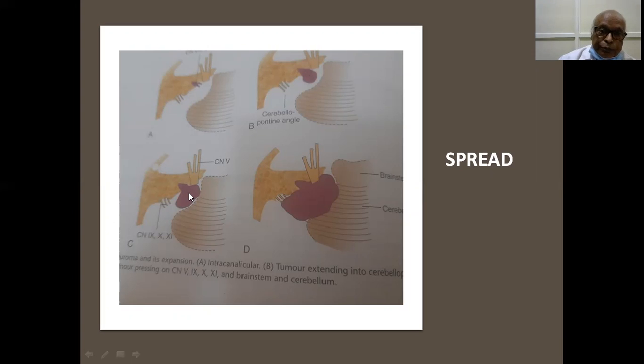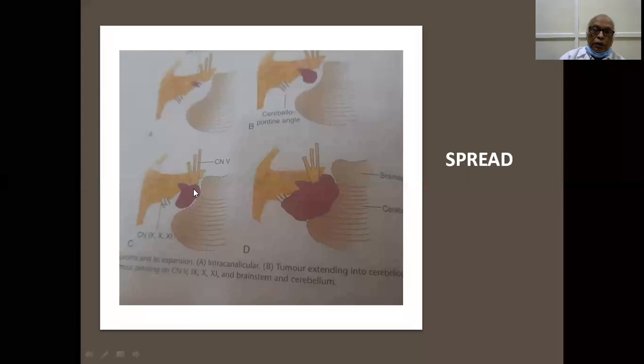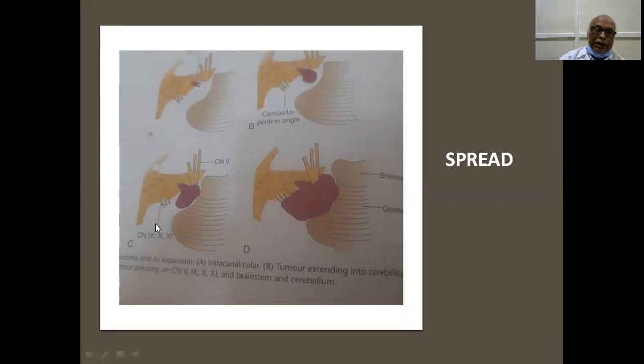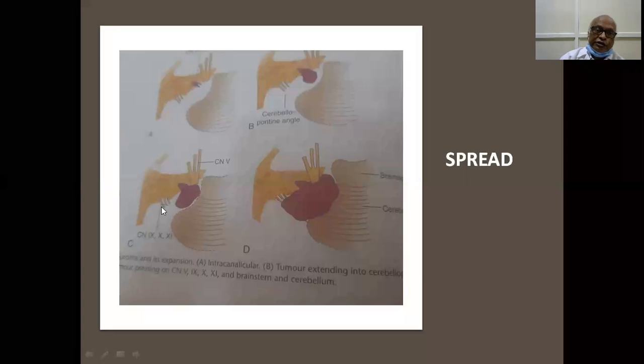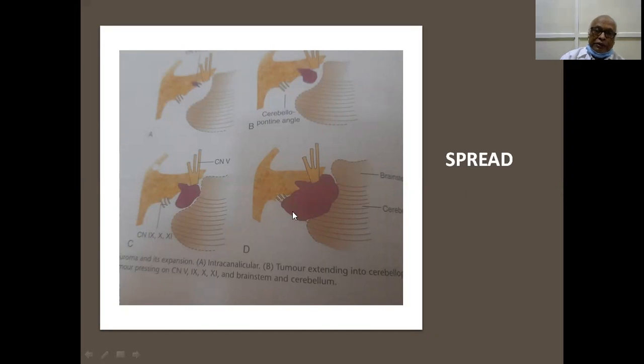Now here you can see it has encroached on the fifth nerve, and the lower cranial nerves, 9th, 10th, 11th nerves, are still spared. Now in this picture, the tumor has grossly enlarged. It has involved the fifth nerve and also the lower cranial nerves, that is the 9th, 10th, and 11th cranial nerves.